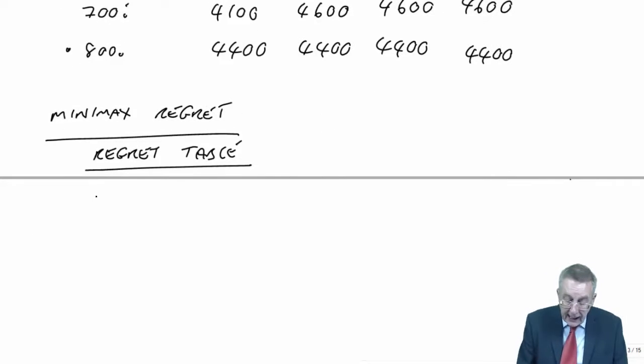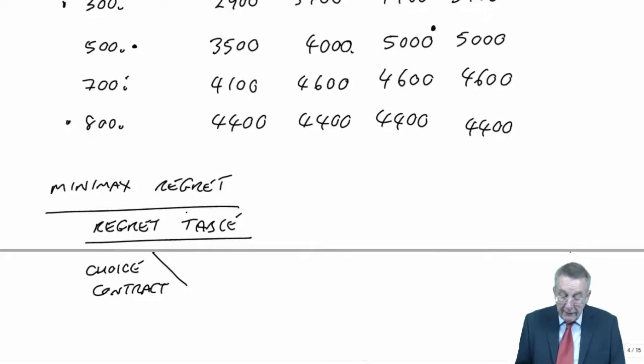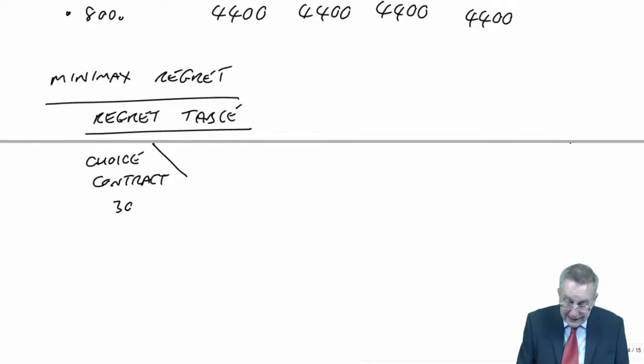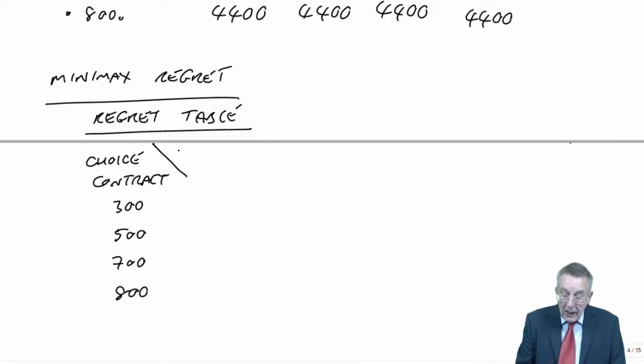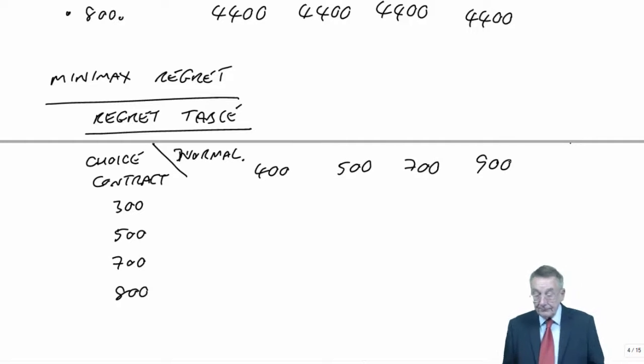So we set up the table again. The choice, remember, was the contract size, which was 3, 5, 7 and 8. The uncertain bit was the normal demand, which was 400, 500, 700 and 900.